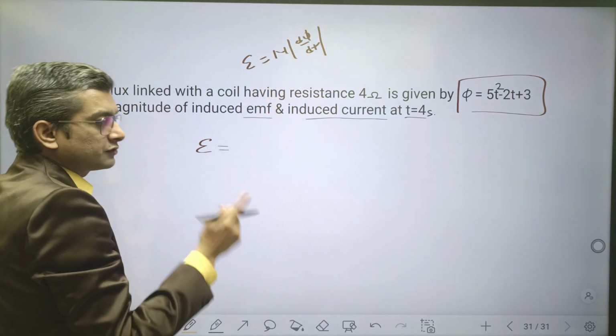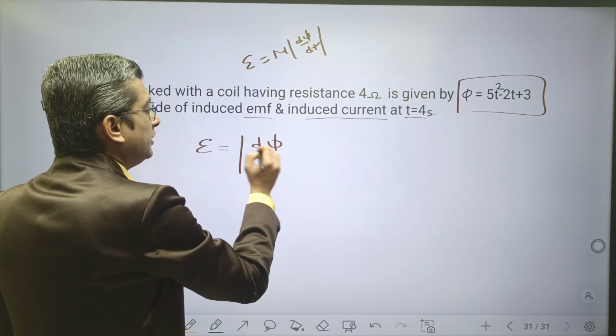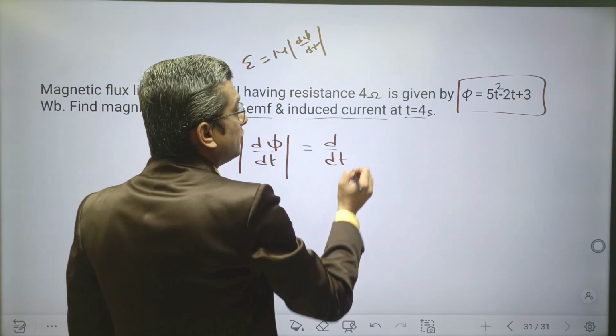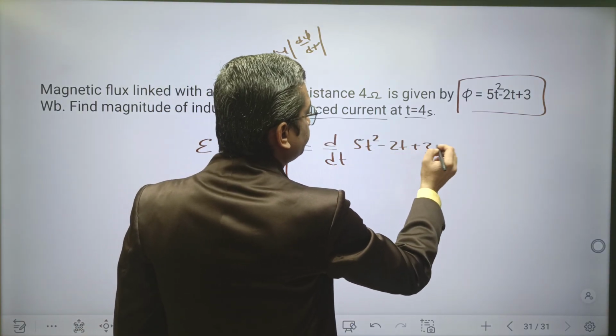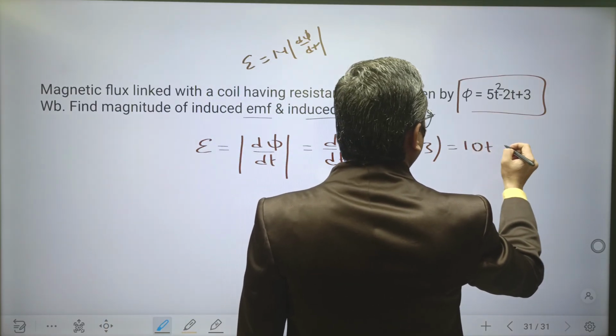So here we have the formula d phi by dt. So this is d by dt of phi, that is d by dt of 5t square minus 2t plus 3. On solving, you will get 10t minus 2.